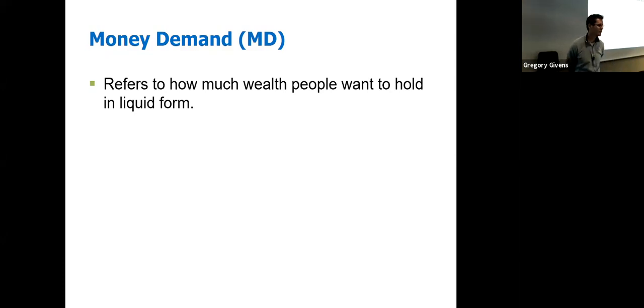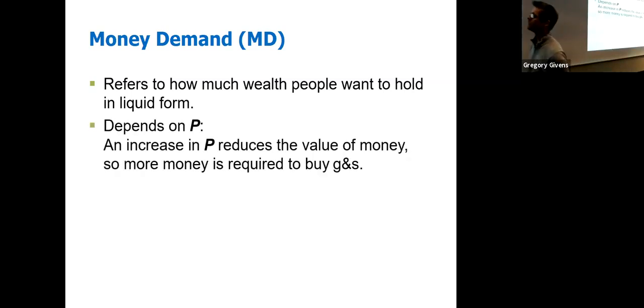Now, there's lots of factors that affect that money demand decision, okay? But I would say probably the most important one is the general level of prices, the price level, okay? Now think about the relationship here. What do you think happens to our money demand if the prices of goods and services go up? As P increases, it takes more dollars to buy the same amount of goods and services, right?